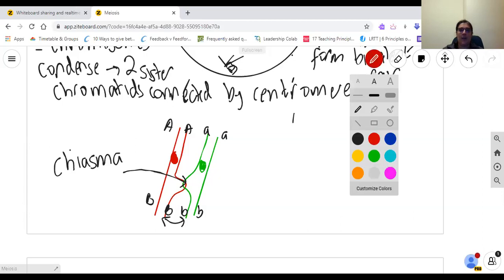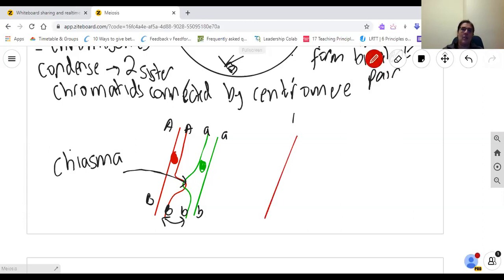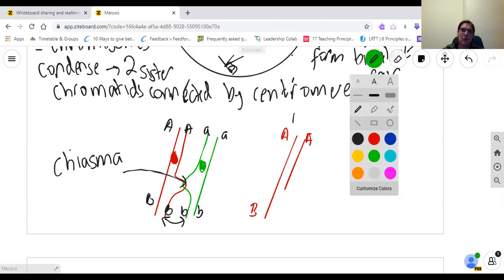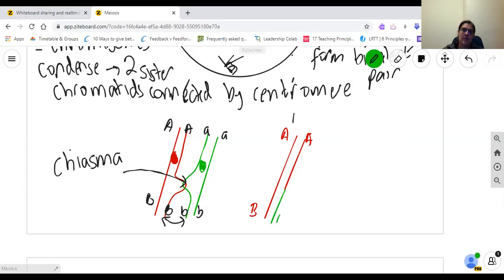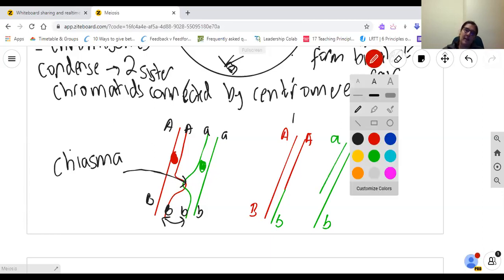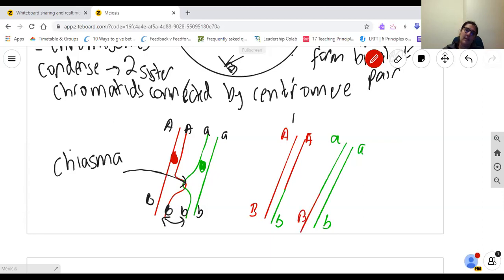So you're going to end up with 1 chromatid that still has the big A, big B allele, but the next chromatid is going to have the big A allele, but it's swapped information at the bottom. So it's going to end up with the little b allele over here. And on this side, you've got one chromatid with the small a, small b allele, but the other chromatid still has the small a, but now it has a big B.